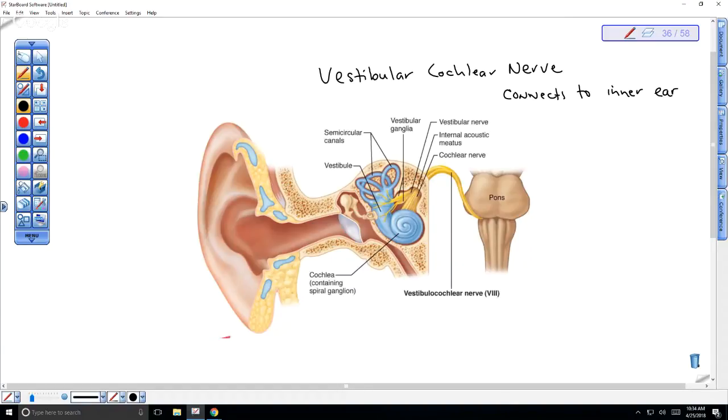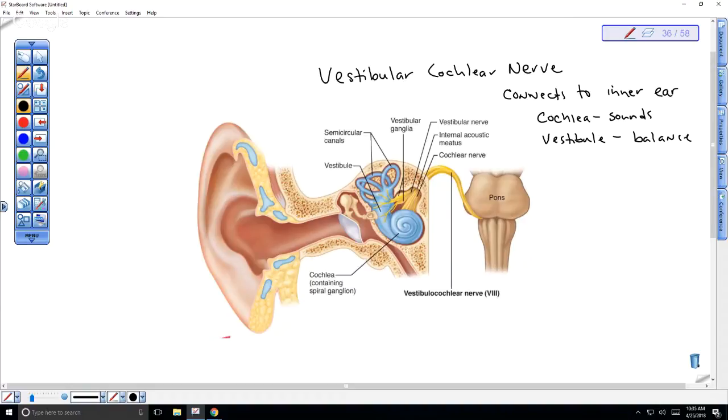So there's different parts of the inner ear. The cochlea hears sounds, right? So those action potentials that come from the cochlea are going to go to the auditory cortex so that we can understand what somebody is saying. Okay? But the vestibule is all about balance.